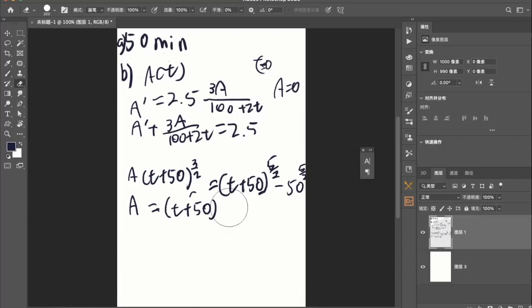So it's just t plus 15, and then 2 times t plus 15 to the negative 3 over 2 for its divide.